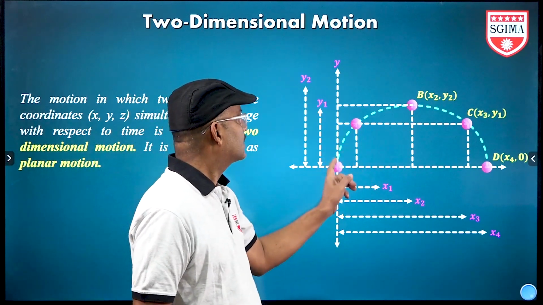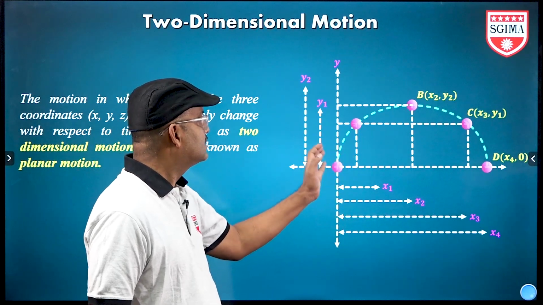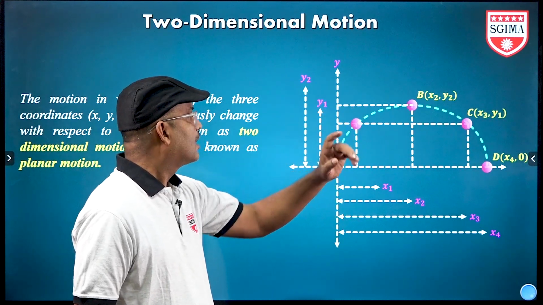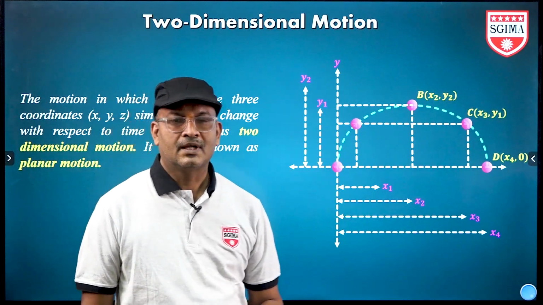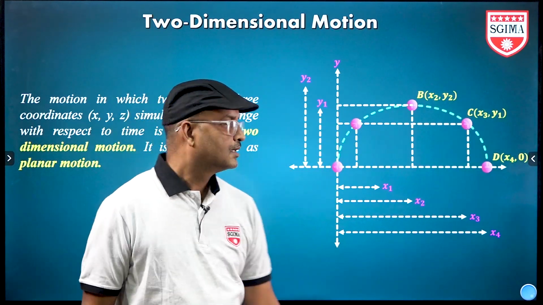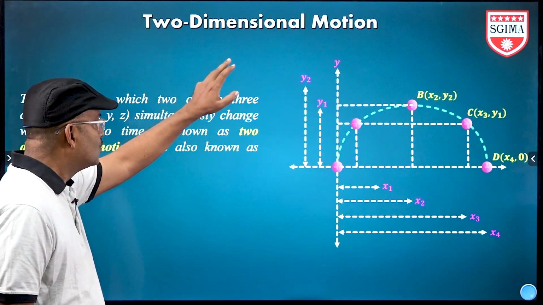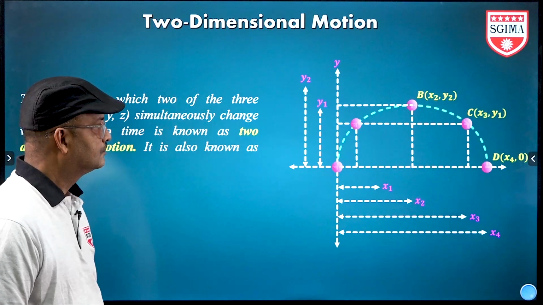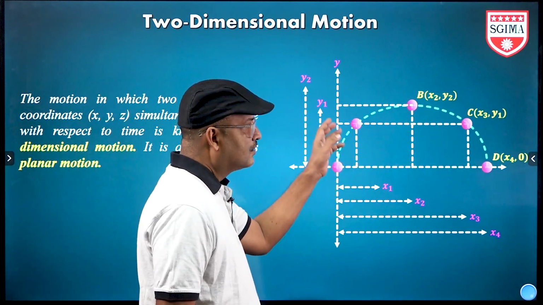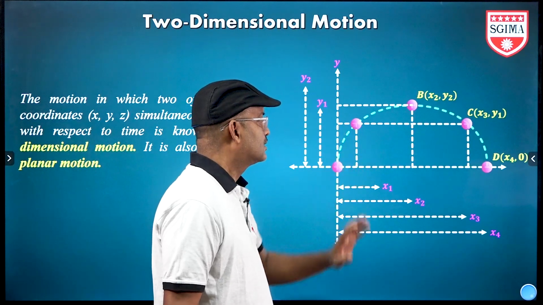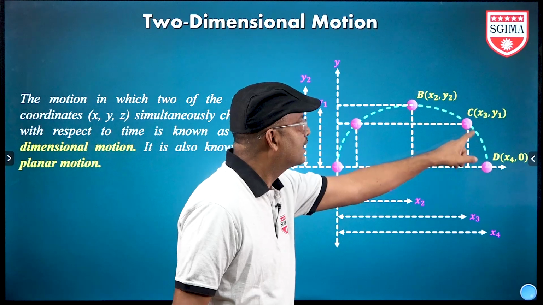X and y, or x and z, or y and z, are changing with time, then that motion is called two-dimensional motion. Actually, the coordinates are changed simultaneously. At any time, two coordinates are changing.